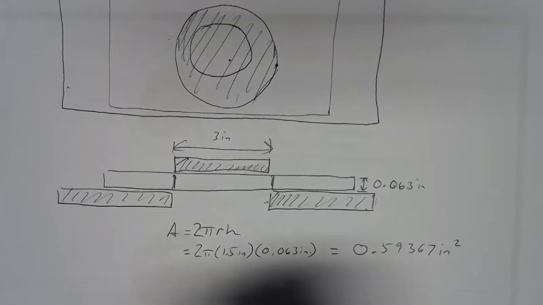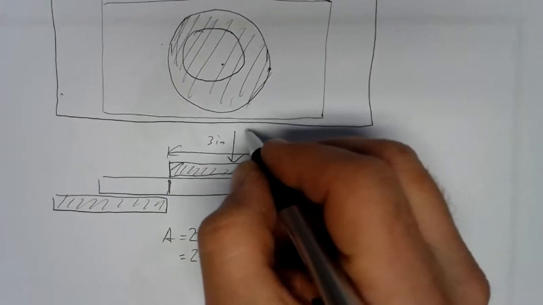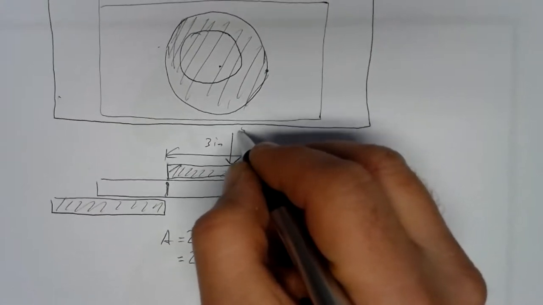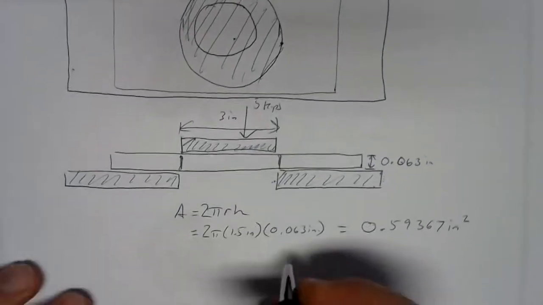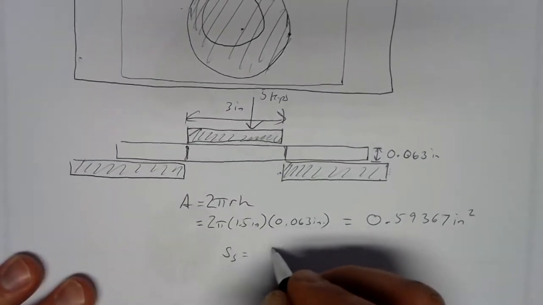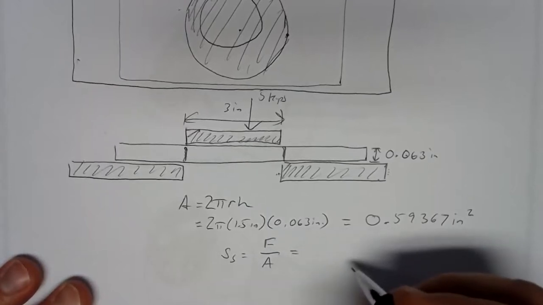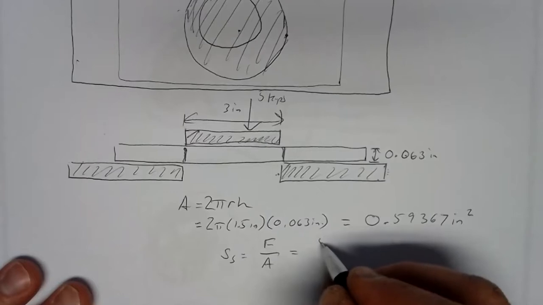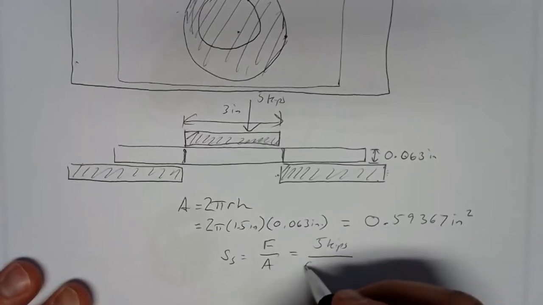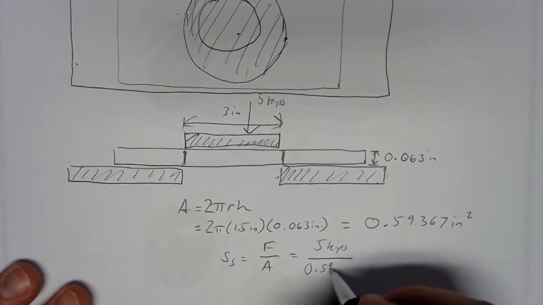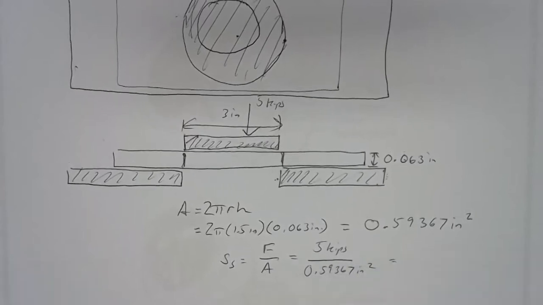So let's find out the shear stress. Let's push down here with, let's say, 5 kips. If we push down with 5 kips of force, the shear stress is the force over the area opposing that force. So we have 5 kips, 5,000 pounds of force, divided by 0.59367 square inches.